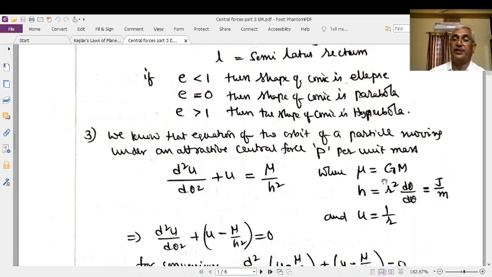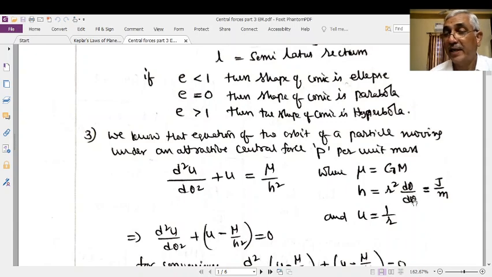This constant mu is equal to capital G, the universal constant, into the mass of the sun, which is also a constant. That's why this is the shape. This is a slight modification, instead of p by u square, h square u square. Please remember here mu is equal to Gm, and we know h is equal to r square into d theta by dt.